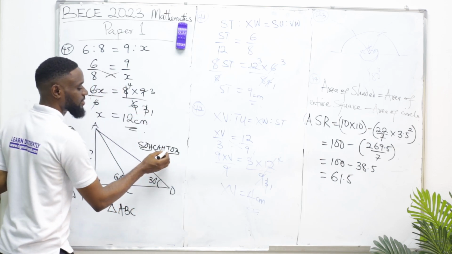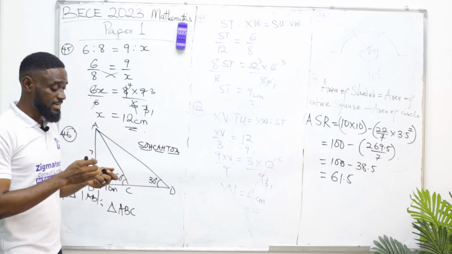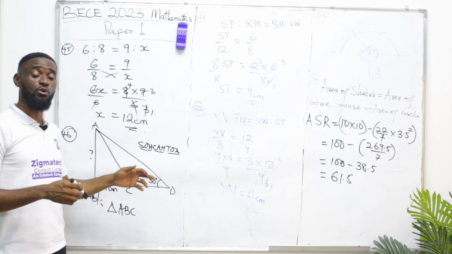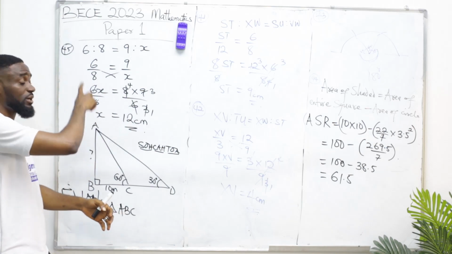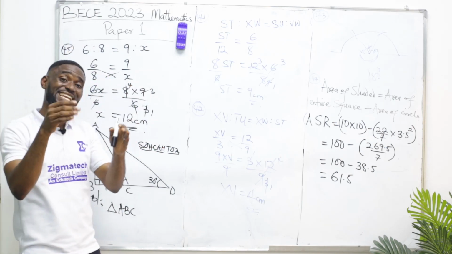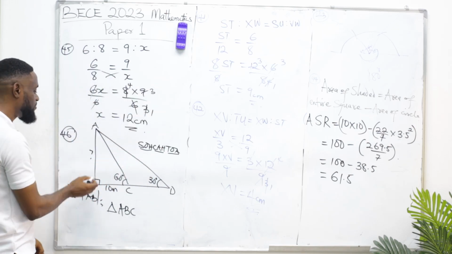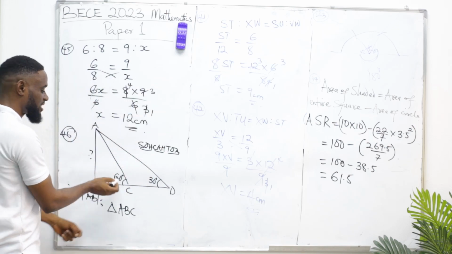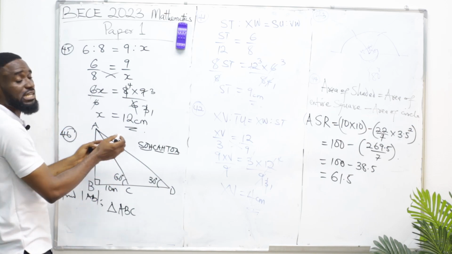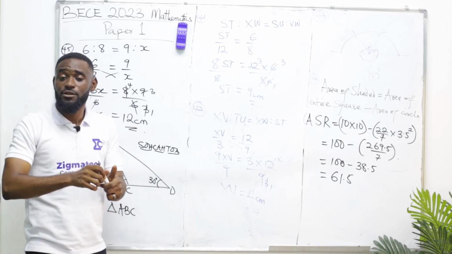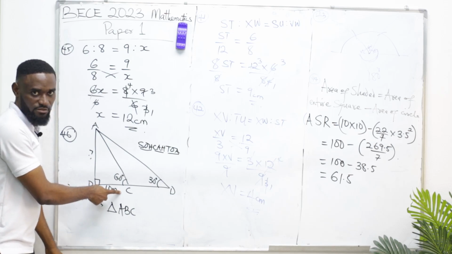Then TOA means tan is opposite over adjacent. And you should understand what opposite means. Opposite is the side of the triangle where the given angle is facing. For instance, in angle ABC, this is our opposite because this angle is facing this side. Our hypotenuse is always constant, the longest side, so it will not be our adjacent. You get the point now?